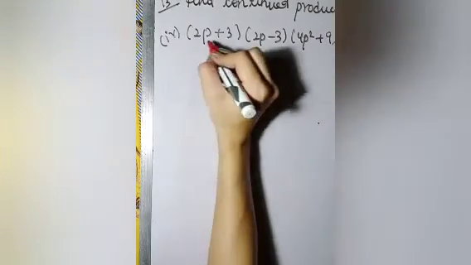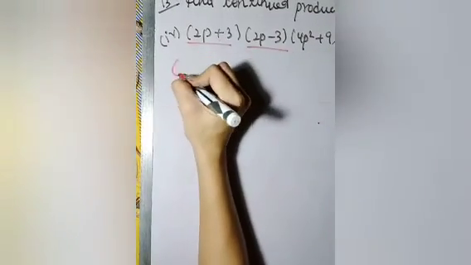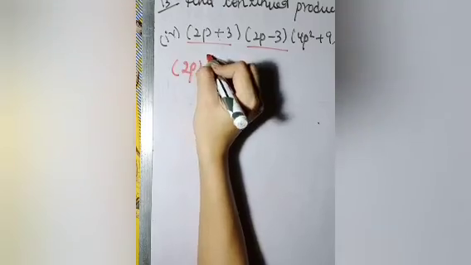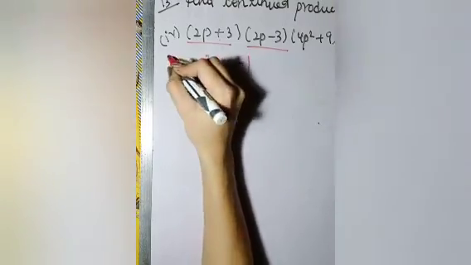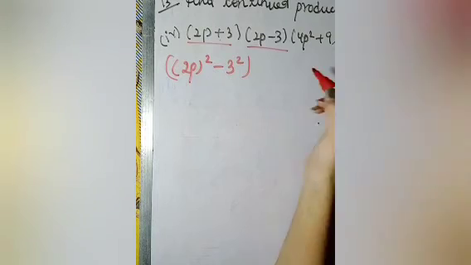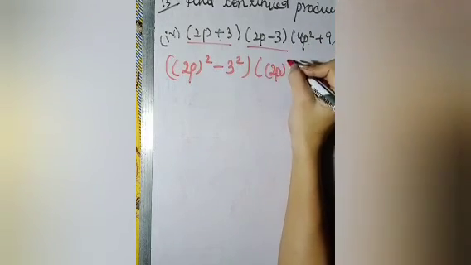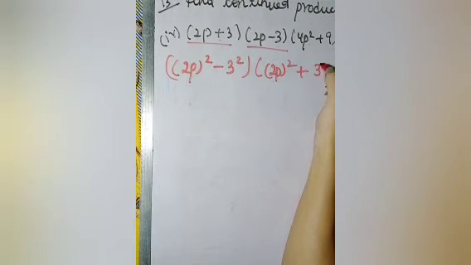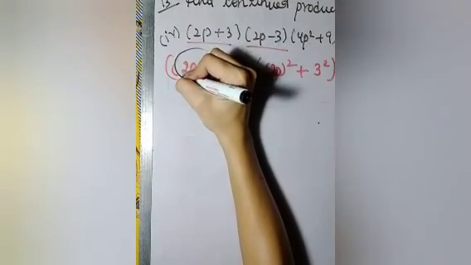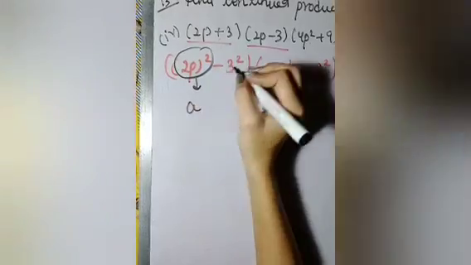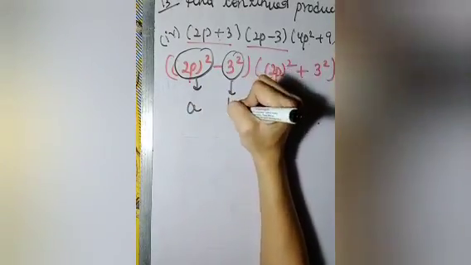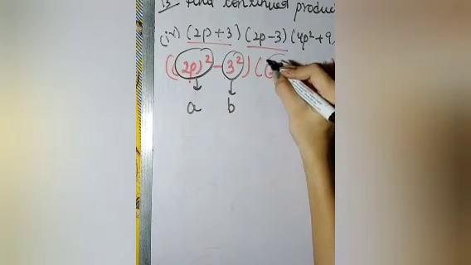Now see, this is (a plus b)(a minus b). We can write it as a square minus b square. And here, 2p square is (2p) square plus 3 square. We can write it like this. Now again see, this whole term is now a and this whole term is now b.